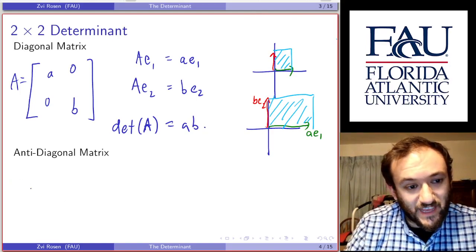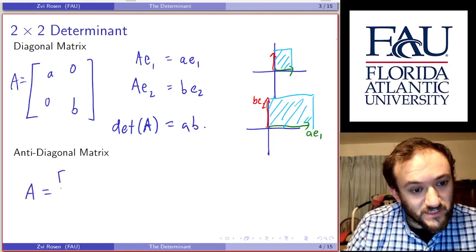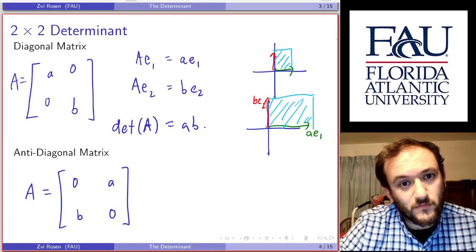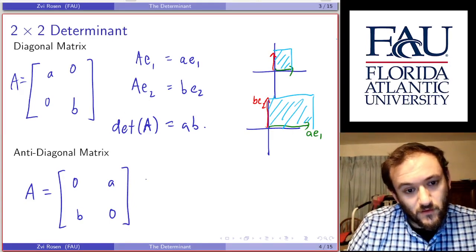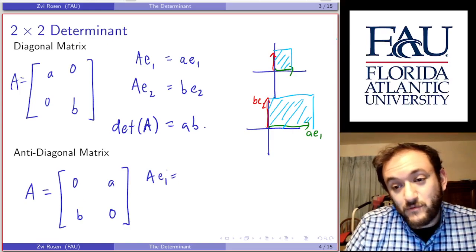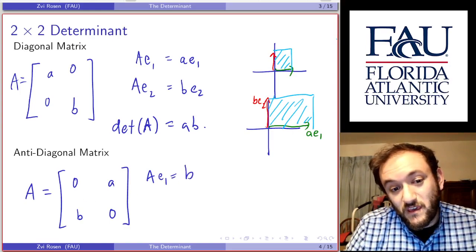Now suppose we have an antidiagonal matrix. That's what we call a matrix that looks like this. 0, A, B, 0. A times E1 now is going to be equal to B E2.